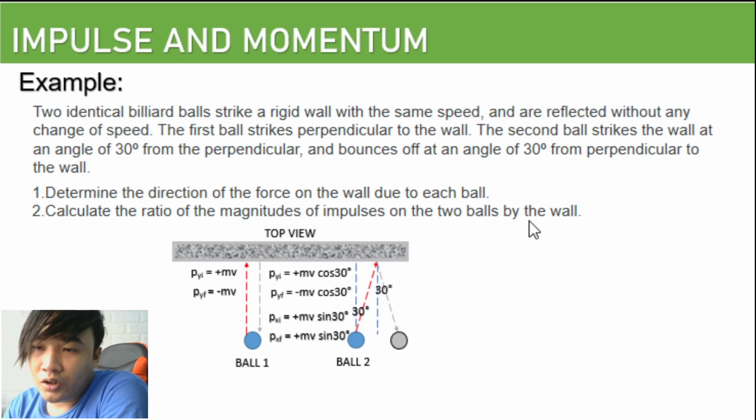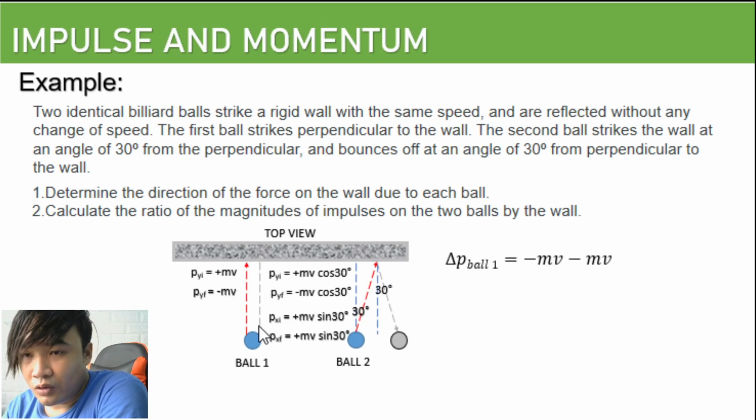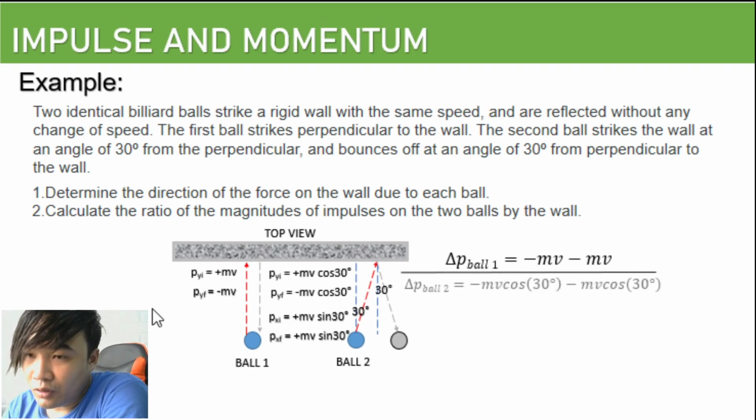So ang kinukuha lang natin dito is yung impulses natin sa wall. So yung change in momentum ng ball 1 is equal to siyempre yung final minus initial, over yung sa ball 2 naman.